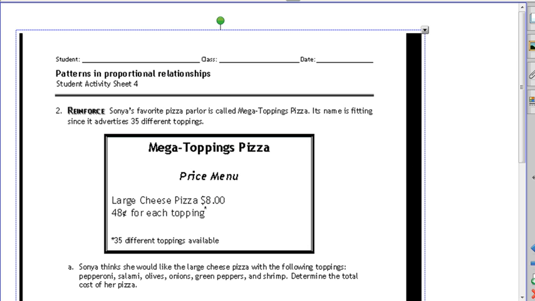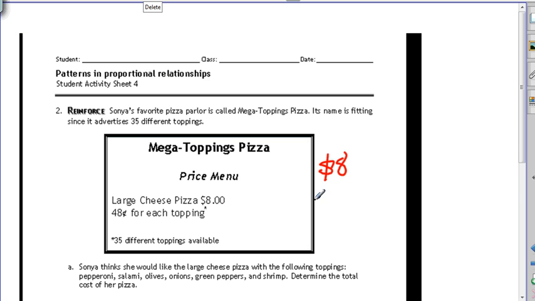So here's the ad: a large pizza costs $8, and for each topping, we have to pay 48 cents. So it's the $8 plus, for each topping, I'll call T for topping, I have to pay 48 more cents. So it's T times 48. That's kind of like an algebraic rule I just made.